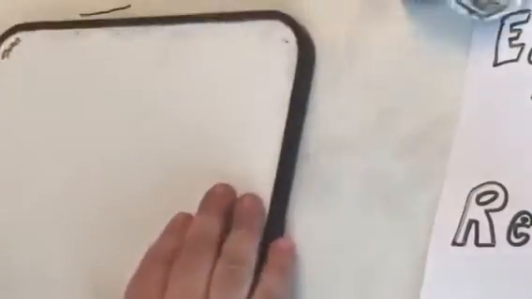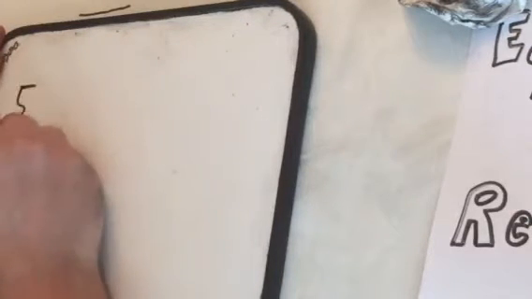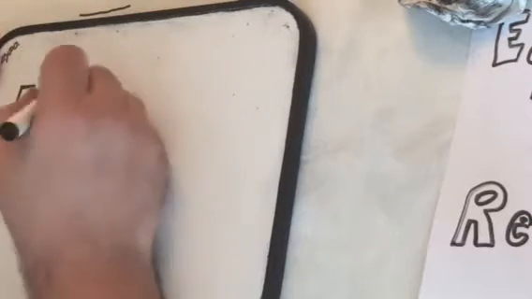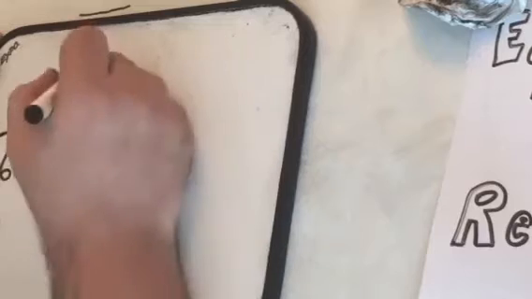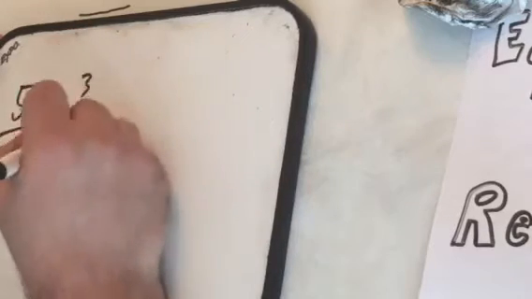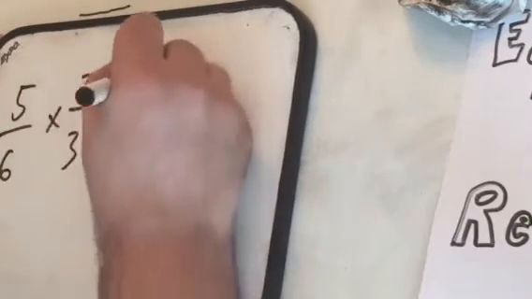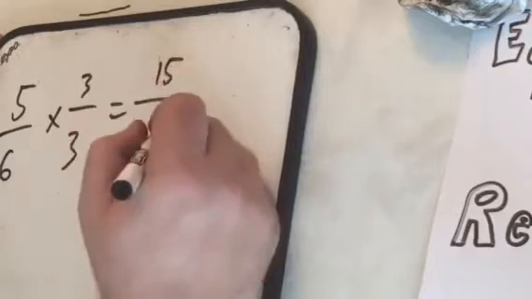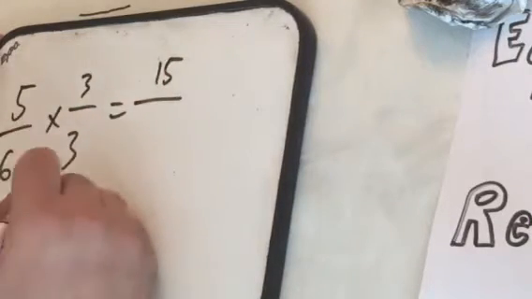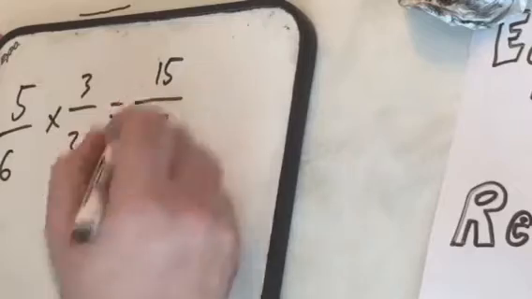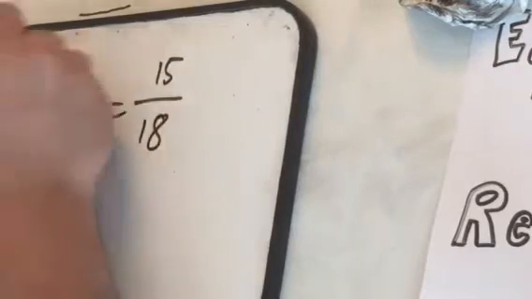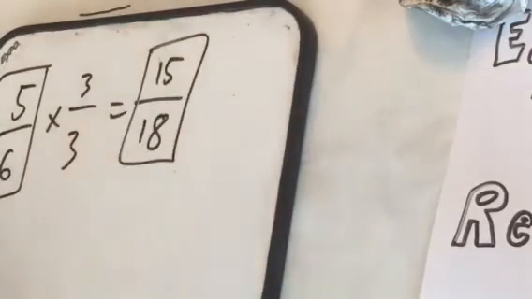Well, what if we have something weird like 5/6? And we say, let's multiply it times 3/3. Well, 5 times 3 would be 15. 6 times 3 is 18. 5/6 is going to be the same as 15/18.